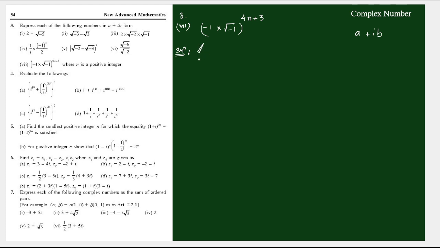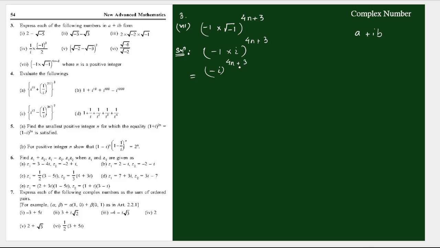Let me break this. Minus 1 into i to the power 4n plus 3. Minus 1 into i is nothing but minus i, so minus i to the power 4n plus 3.